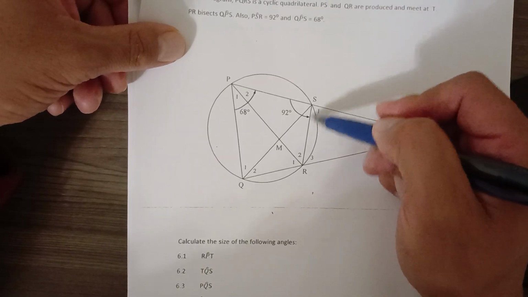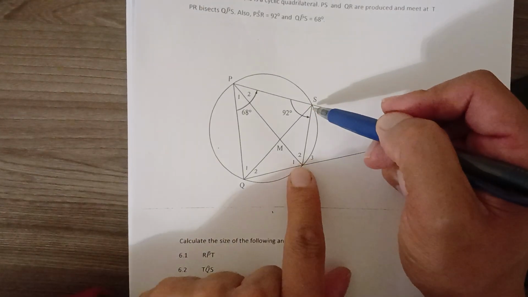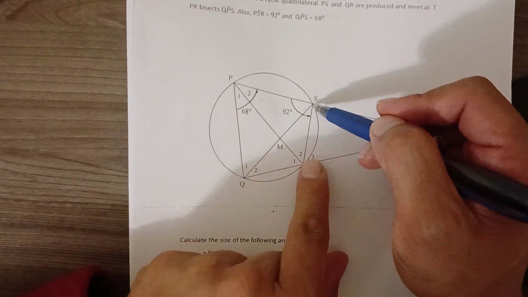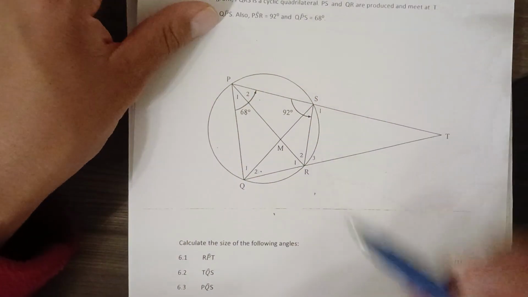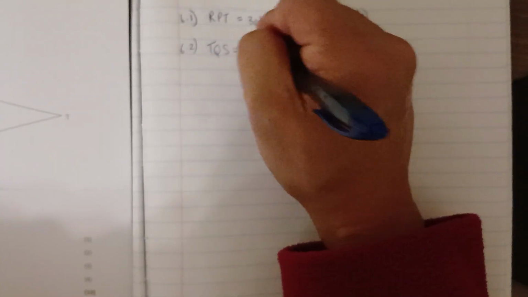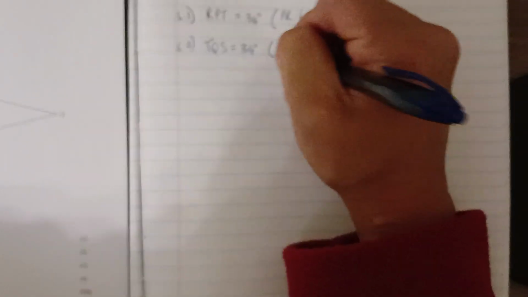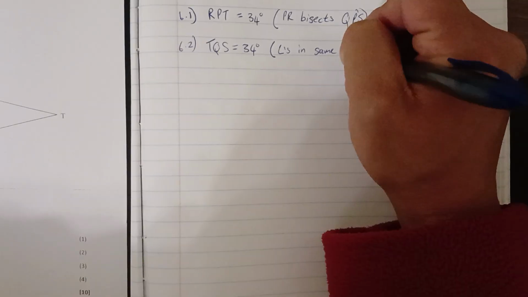We see this chord is R, and we know this chord subtends that angle that we just found, which was 34, and it also subtends that angle at the circumference, so that also needs to be 34 degrees. Reason: angles in same segment.